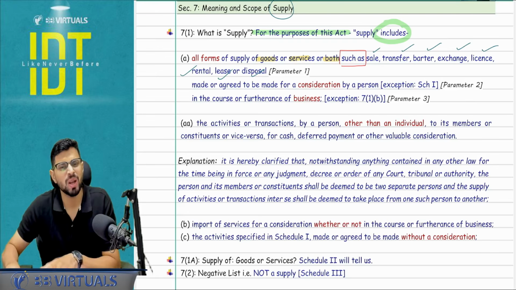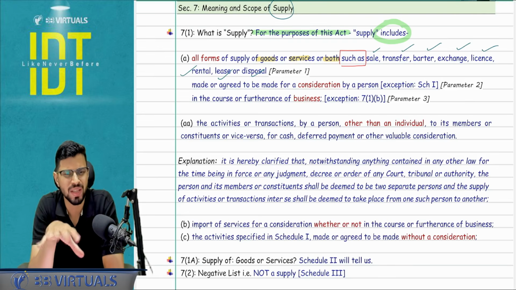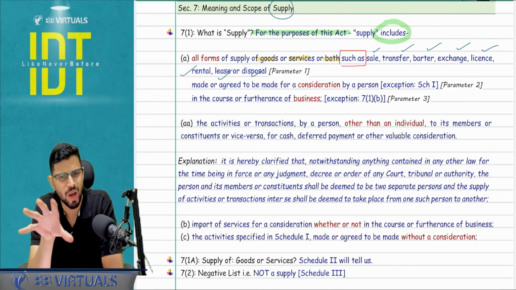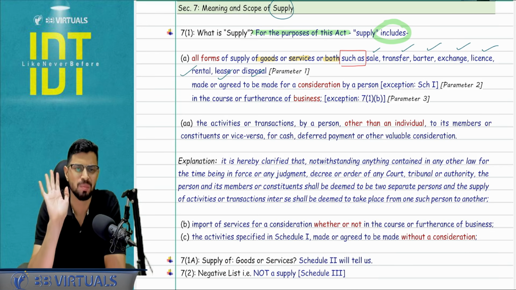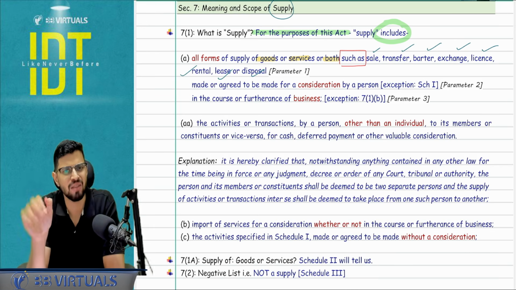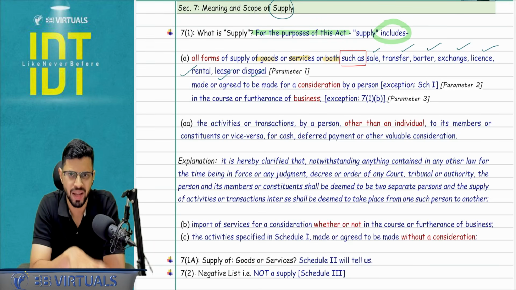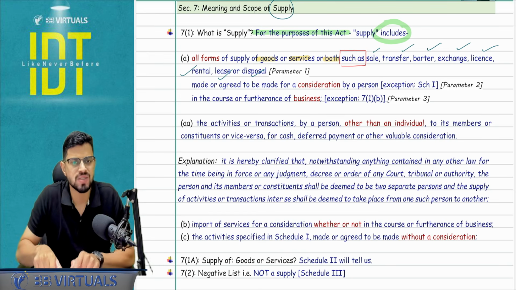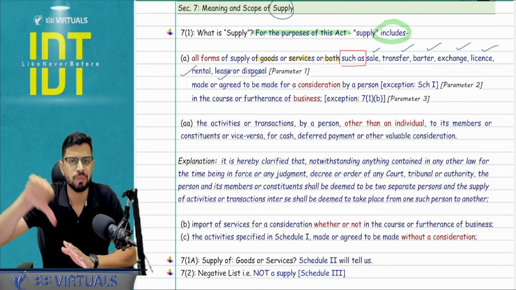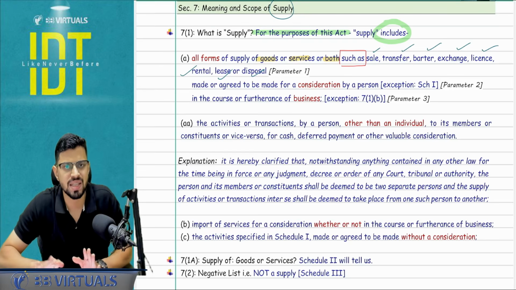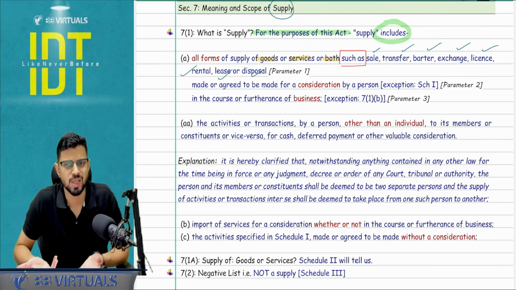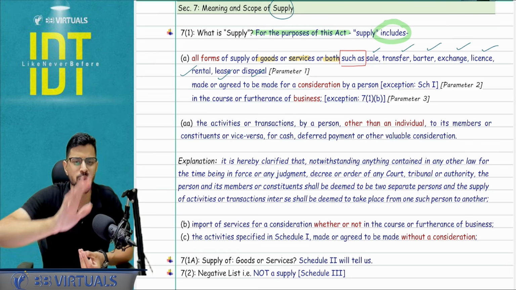There is no need to learn any short code word for these kind of terms. No one is going to ask you formally that write the forms of supply. Okay, you are at CA final level. We are more focused on the concept and application part rather than rectification. Right? Sir, are these forms of supply defined somewhere? Answer is no. These are not defined anywhere in the CGST Act. General meaning has to be assigned. Sale means I am selling it to you.